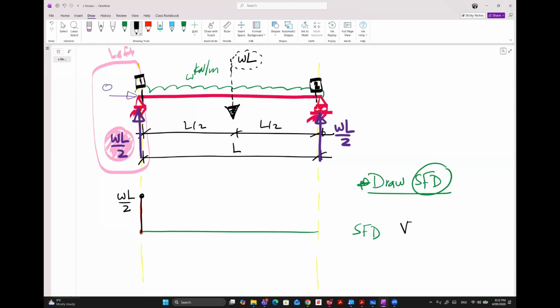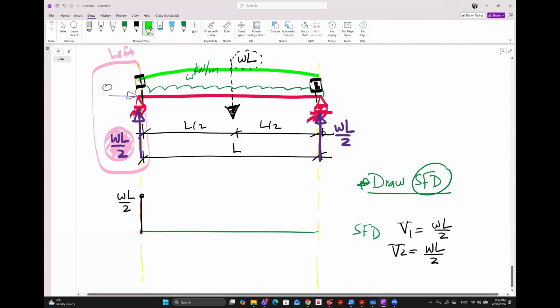So the shear force V at 1 is equal to WL over 2. V at 2 will be WL over 2 minus the added force between cut number 1 and cut number 2. What happened between 1 and 2? What are the forces we have added?